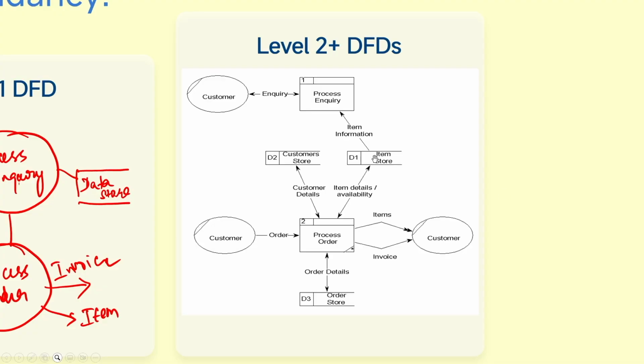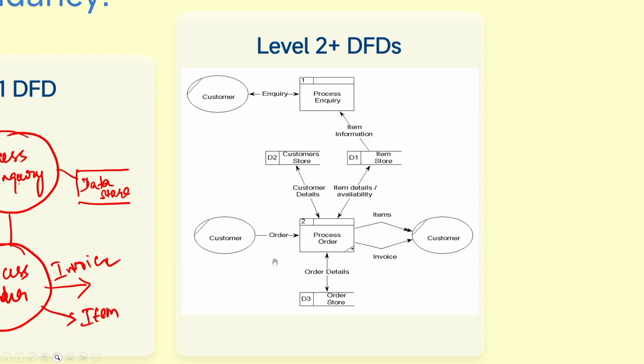In the level 2 DFD, if you consider over here, it is given in much more detail. So you can have a customer. So this is the customer. The customer will order a product. Okay. So maybe we will start with the customer enquires the product. That is named as process enquiry. Once the process has been enquired, you will get the information from the item store and that will be given.